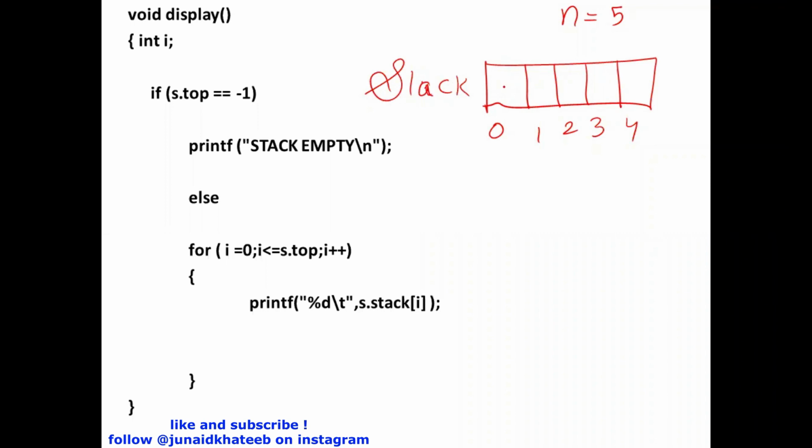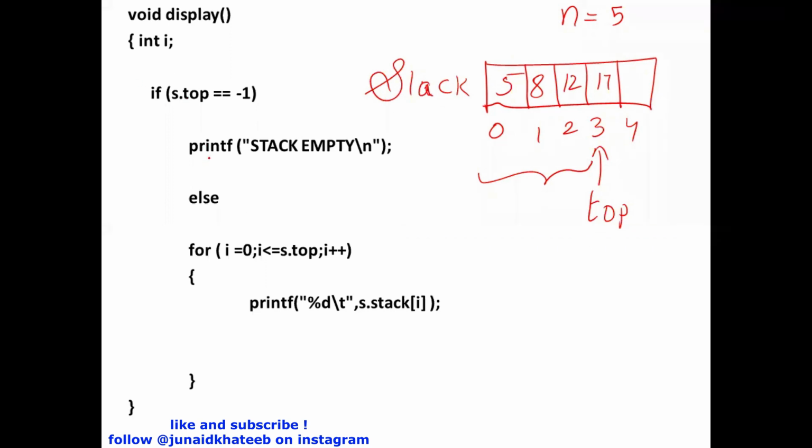Over here, I have some values, say 5, 8, 12, 17. So this is top. I told you that for me, the stack starts at 0 and ends at top. So all I need to do is display the array starting at 0 going till top, whatever the value of top. Top could be 1, 2, 3, 4, whatever. For me, I start at 0 and go till top.